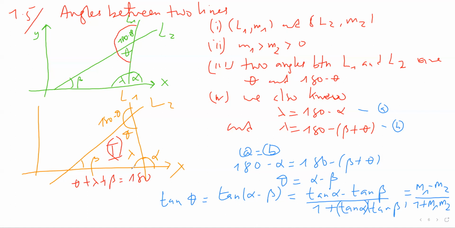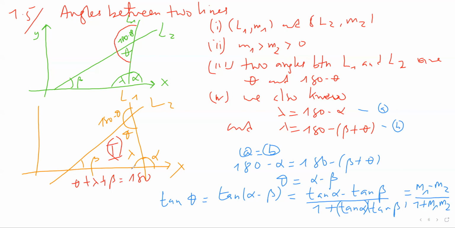And with that, you're able to show that lambda is equal to 180 minus alpha, and then lambda is as well equal to 180 minus beta plus theta.